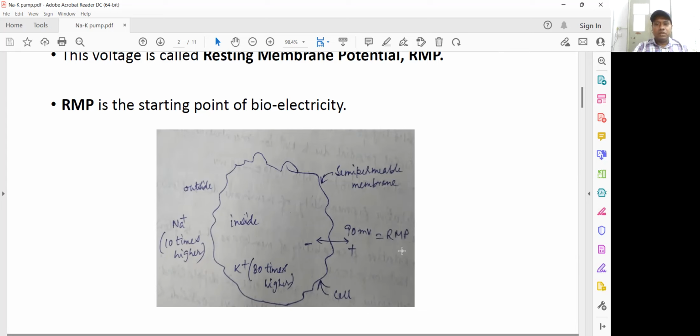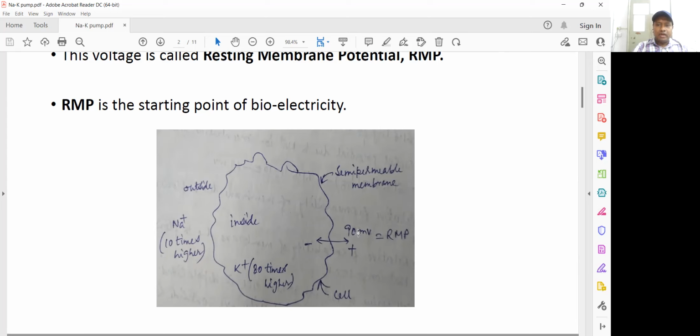Because, due to these values of potassium ion concentration 30 times higher inside and sodium ion concentration 10 times higher outside, this value is not changing due to these concentration gradients. This is why it is called the resting membrane potential, and this has been generated as 90 millivolt.